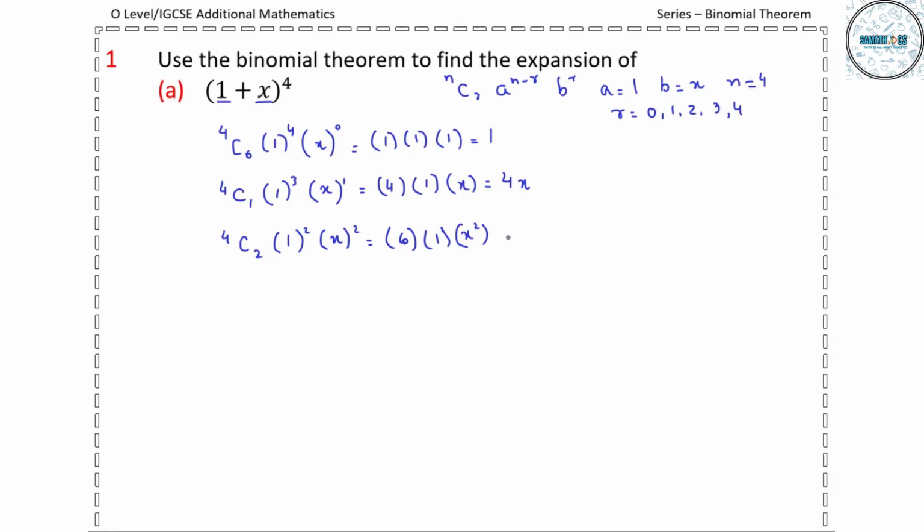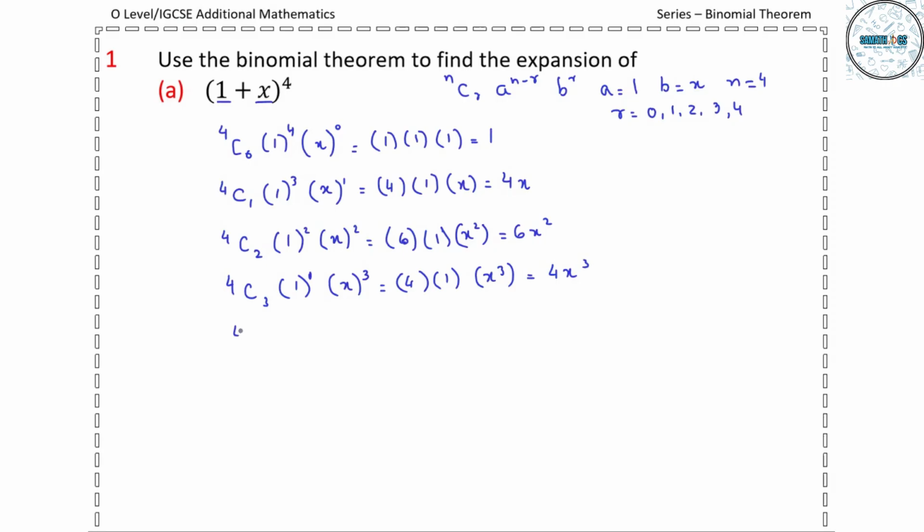So we have here 6x square. The fourth term is 4C3, 1 with power 4 minus 3, which is 1, x with power 3. 4C3 is 4, 1 power 1 is 1 and x power 3 is x cube. So it is 4x cube.